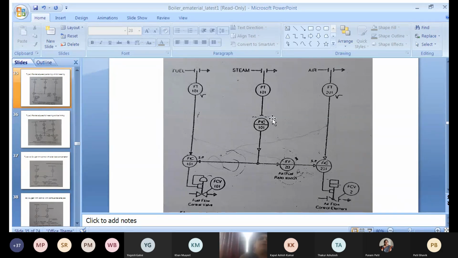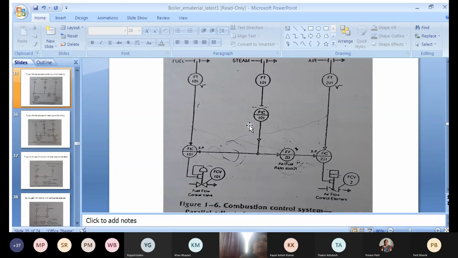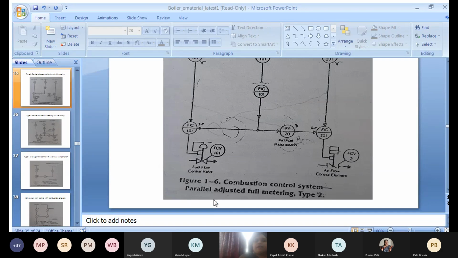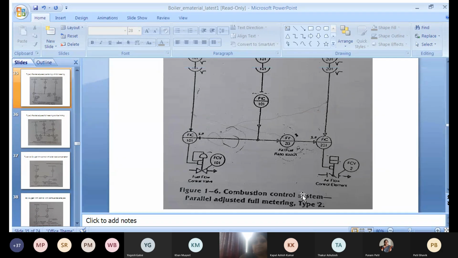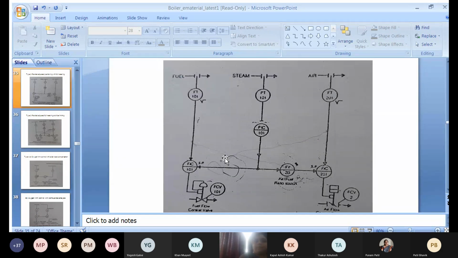Okay, here the name of the type 2 control scheme is parallel adjusted full metering. Basically, parallelly both the lines are adjusted. I am talking about the fuel line and air line.